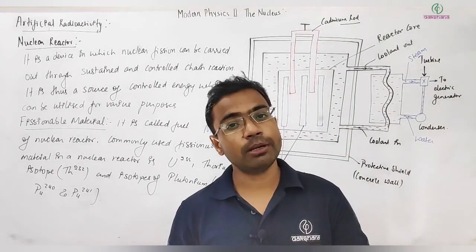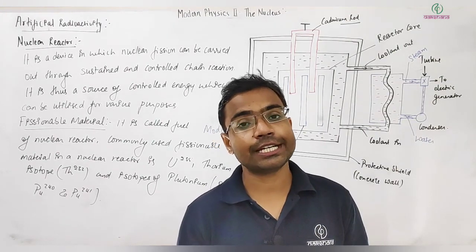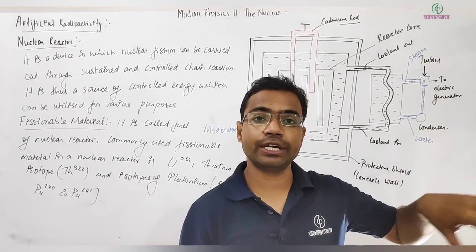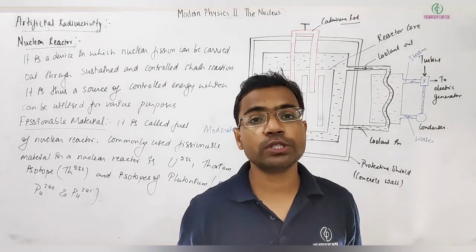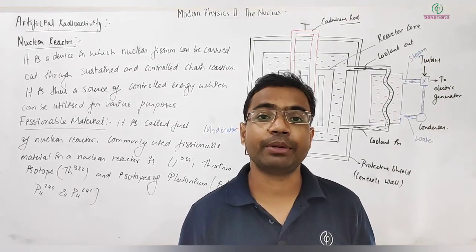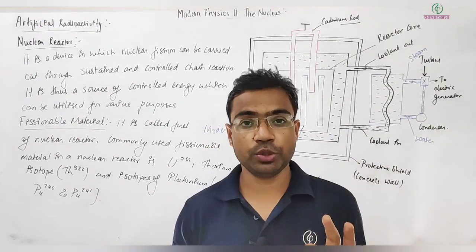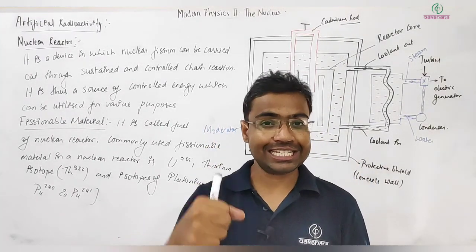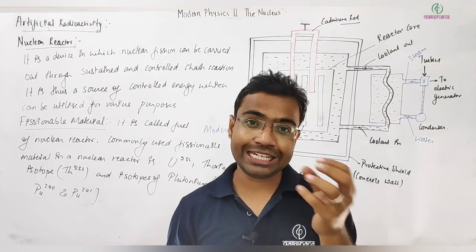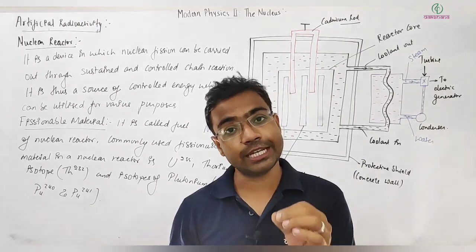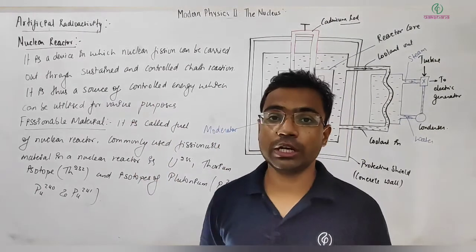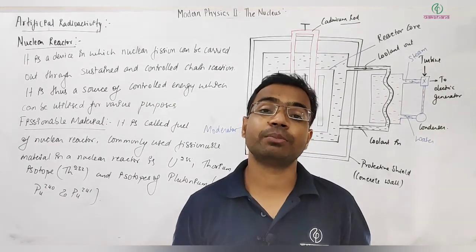The only problem in a nuclear chain reaction is that it grows at a faster rate, and that results in an explosion, which is exactly what happens in atomic bombs. So if we are able to control the number of neutrons, the chain reaction can be controlled, and this controlled chain reaction is used in a nuclear reactor to produce a large amount of energy.